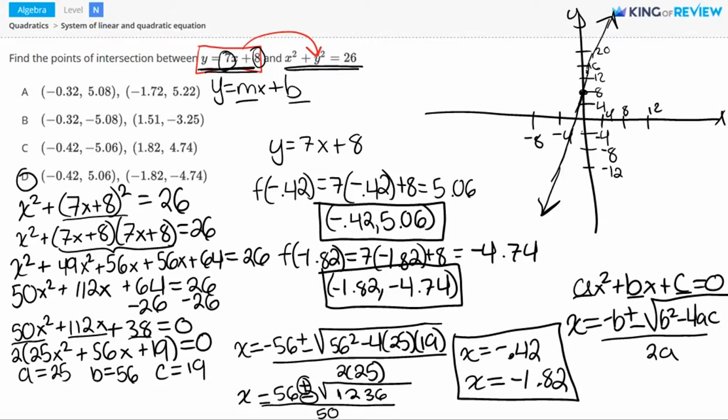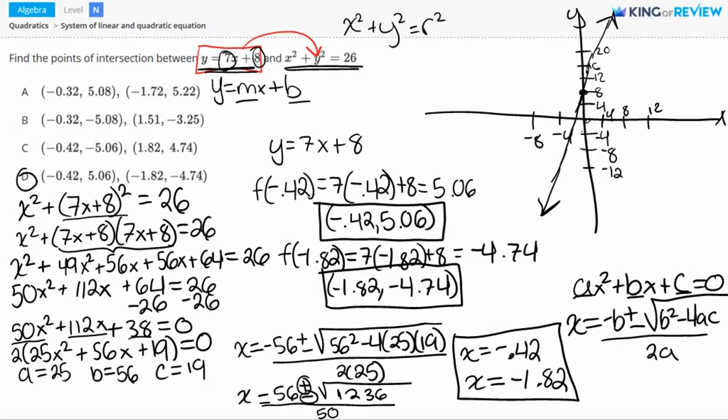And now let's look at the second equation. x squared plus y squared equals 26. We know that this is a circle because it's in the form x squared plus y squared equals r squared, where r is the radius. We also know that this circle has a center at the origin, which is right here.